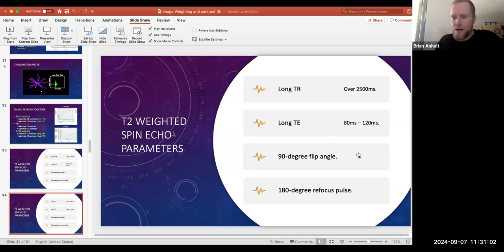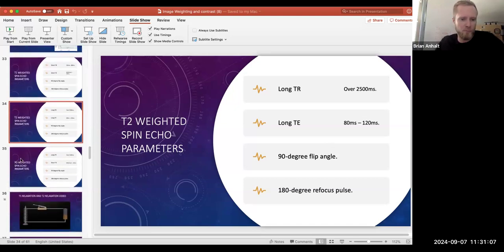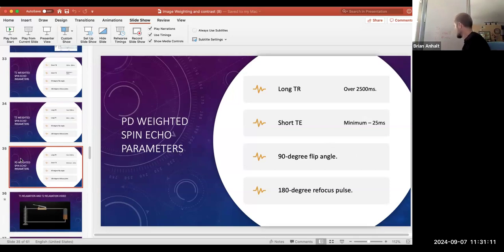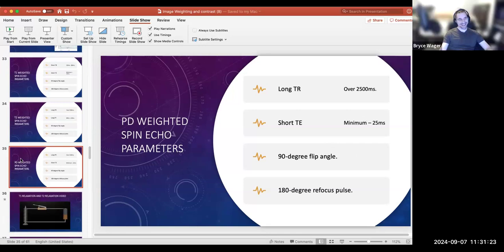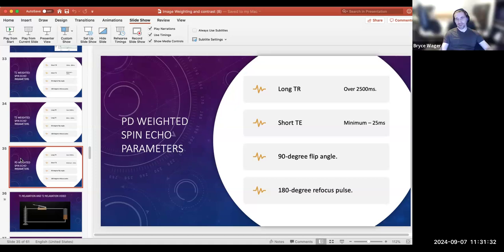And once again, the 90-degree flip angle, 180-degree refocusing pulse. Proton density, long TR. What's a long TR, everyone? Over 2,500 milliseconds. There we go. What does that do for us? Why do we want a long TR? Trying to minimize the T1 weighting. Yep.